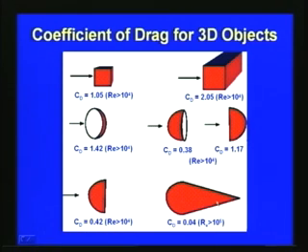And if it is a streamlined body like this in 3 dimensions, you can show that even when the Reynolds number is about 10 to the power 5, the coefficient of drag is much lower, about 0.04.